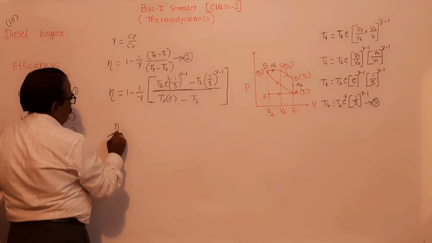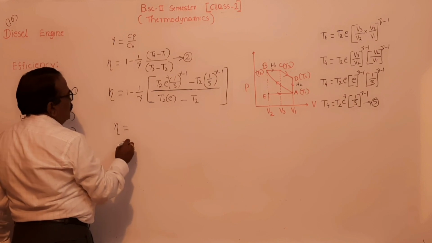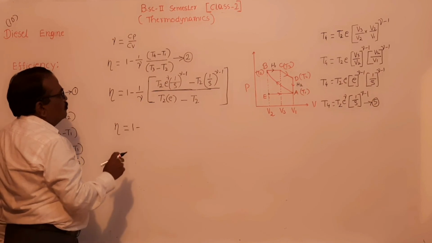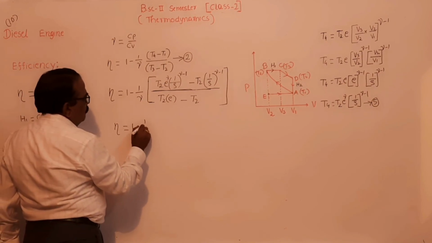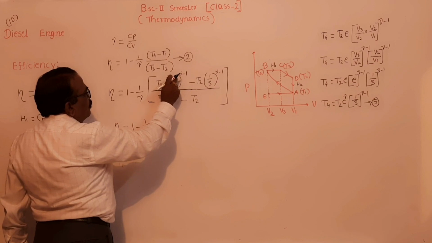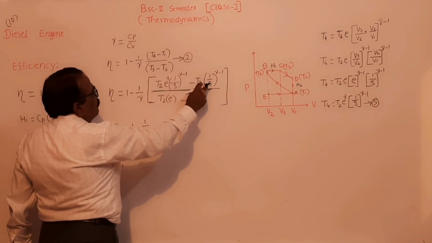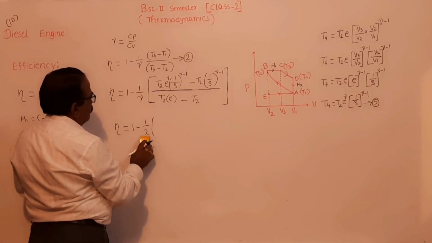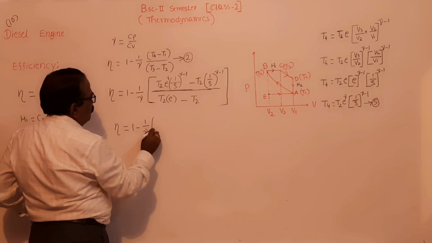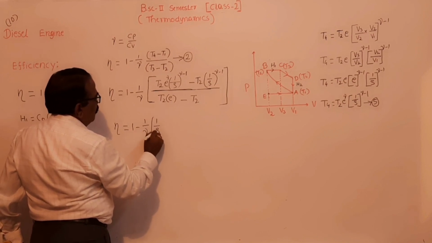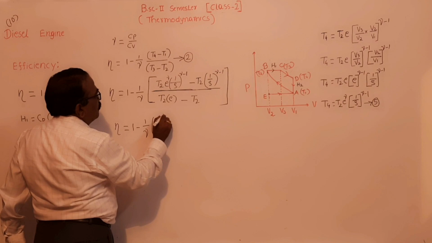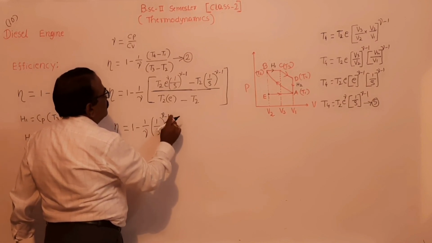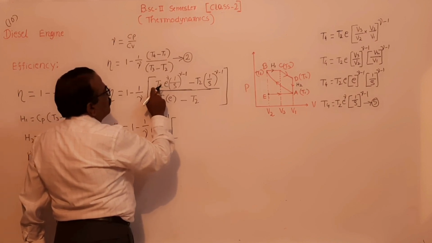Then your eta is equal to 1 minus 1 upon nu. You take 1 upon rho to the mu minus 1 outside. This is 1 upon nu, 1 upon rho into mu minus 1. See here what remains.